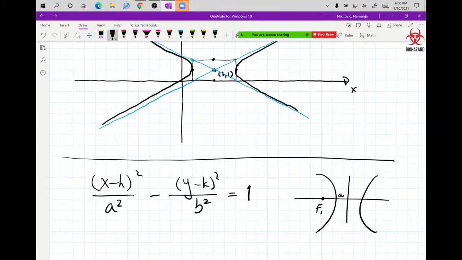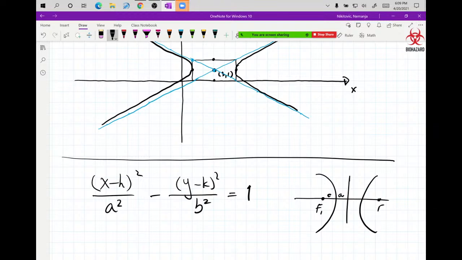So now the job is to figure out the value c, which will help you determine the focal distance, and that c is right there.